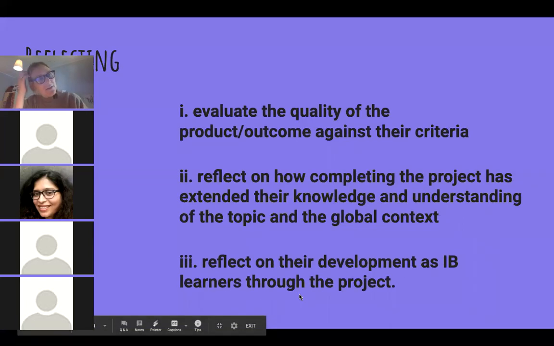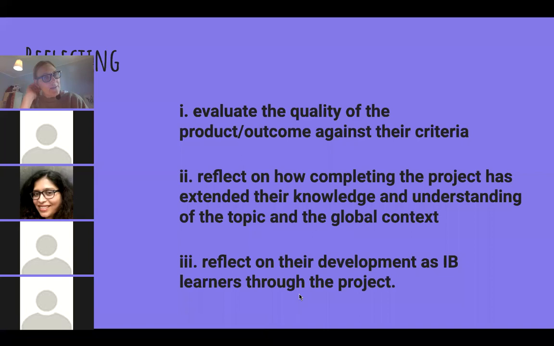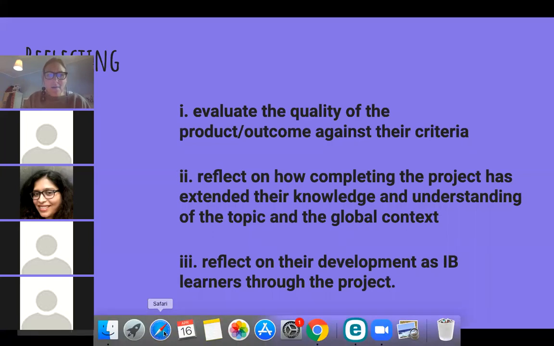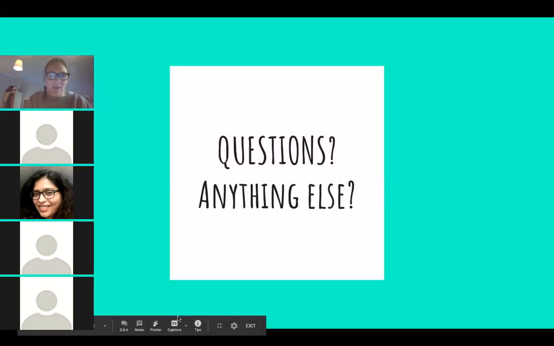And an IB learner is not just the IB learner profile. This is them perhaps as some of their ATL skills, perhaps they're learning in the future. What will that mean for them as a diploma student or as a university student? And then really, how did this process help them know more about themselves as a learner?